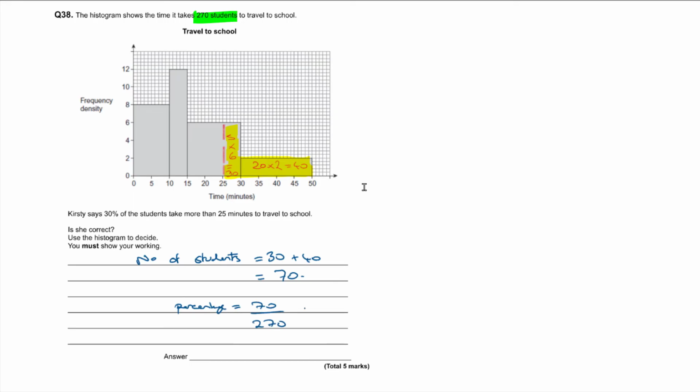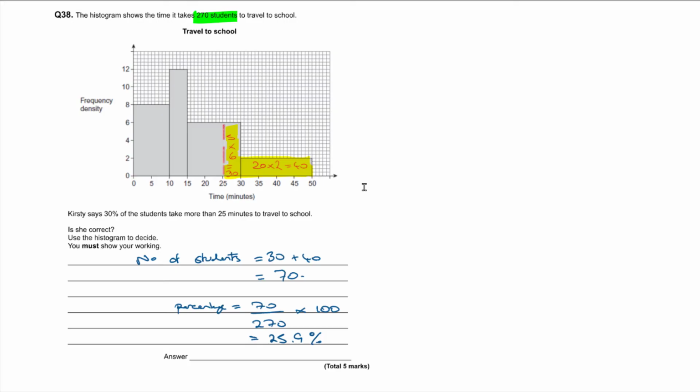You should express it as a fraction first, and then you times it by 100, and then you're going to get it as a percentage then, aren't you? So 70 divided by 270 times 100 gives you 25.925 reoccurring. I'm just going to round it off to 25.9%, let's say.